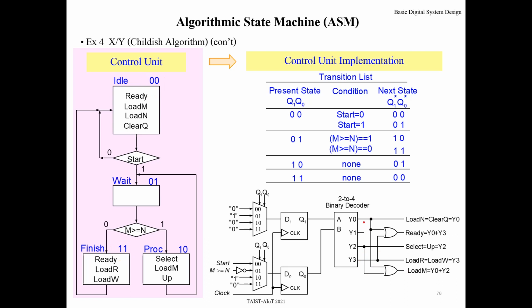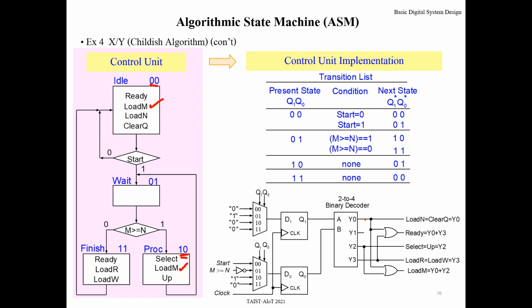Then it's the ready signal, this and this. And for the next signal, load M, at state 0 0 or 1 0. When Q1 Q0 is 0 0, Y0 is active. When Q1 Q0 is 1 0, Y2 is active, right?